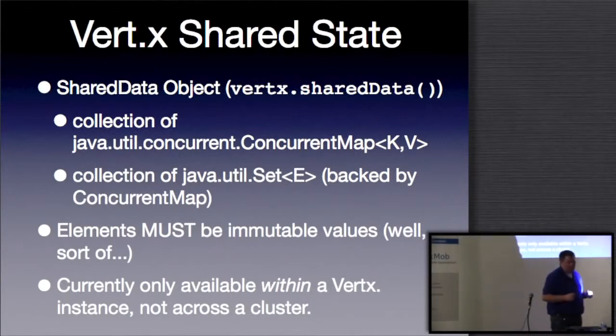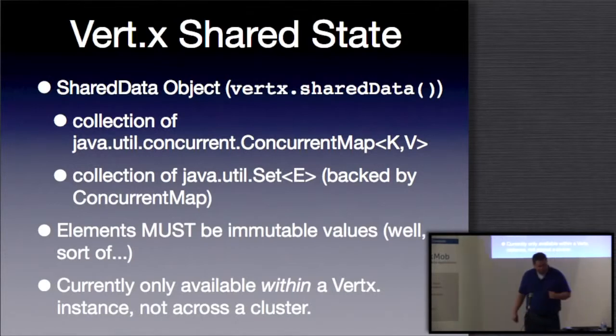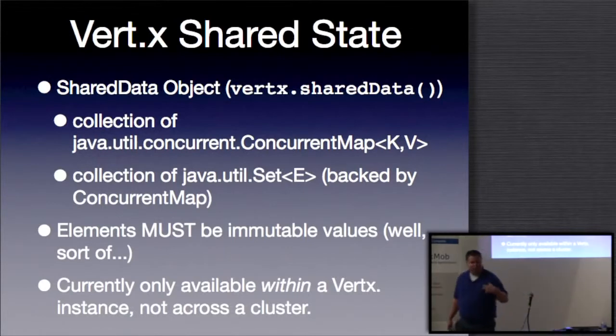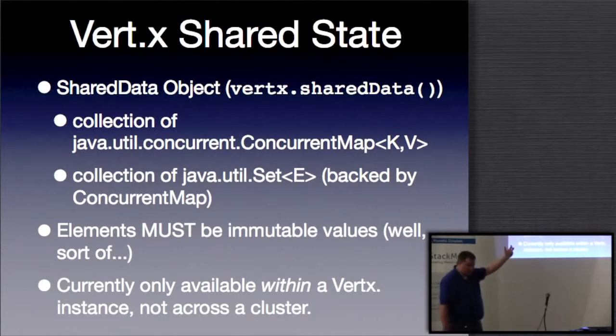Question? The elements in the map, the values are objects. Can it call read-only functions also that don't share state? I don't know how this multiple crossover thing works. So the question, I think, is: if I've got objects out there that are immutable that I've created, but then I've got isolated class loading, how does that work?